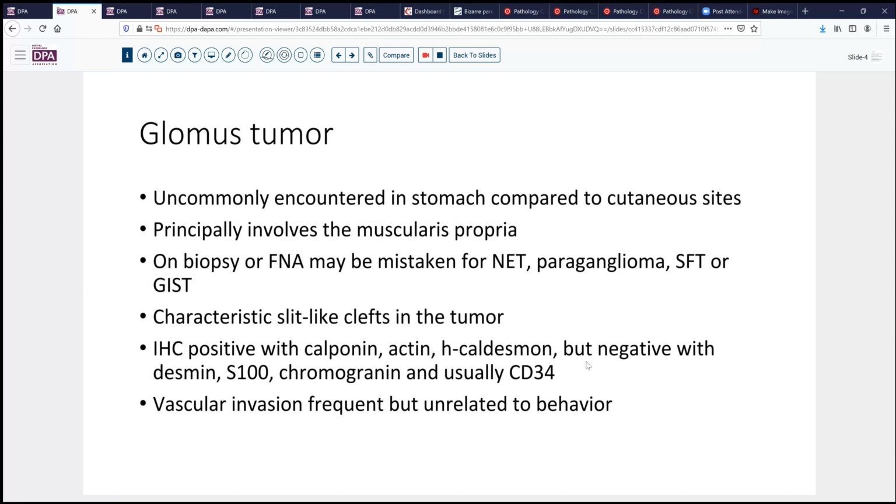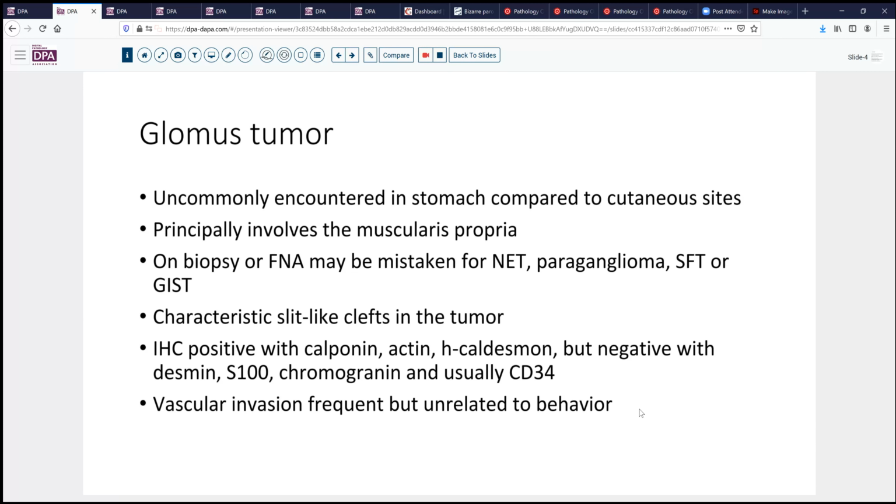But these tumors would usually be negative uniformly with desmin and S100, certainly with chromogranin or synaptophysin, and usually also with CD34, although a little bit variable in that behavior. Vascular invasion, as we saw, is frequently encountered, but interestingly has no relationship to behavior. Most of these behave in a benign fashion, but sometimes you will get metastases, and occasionally they can also present with life-threatening hemorrhage if they're not treated.